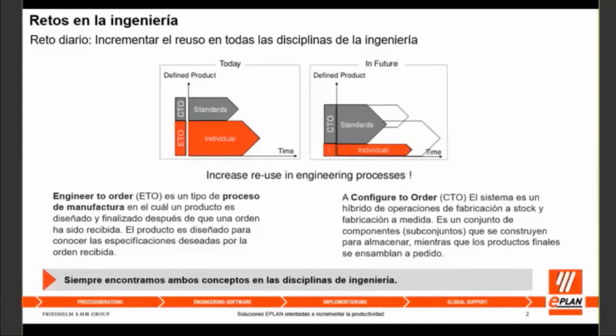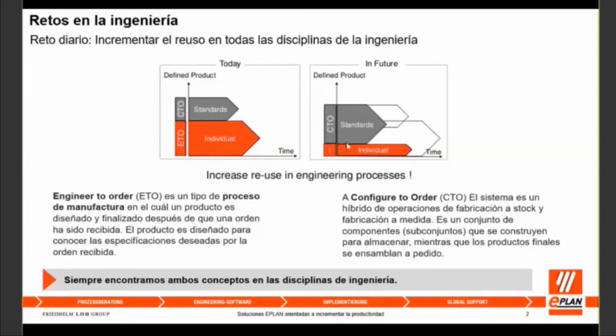Entonces, la idea en este caso es que se disminuya lo más posible la ingeniería individual y utilicemos más la ingeniería estandarizada. Por obvias razones, nunca vamos a dejar de tener ingenierías individuales porque cada proyecto es diferente y hay que hacer modificaciones, más sin embargo, la tendencia es que tratemos de estandarizar lo más posible mediante ciertas metodologías y que ese sea el de mayor peso.